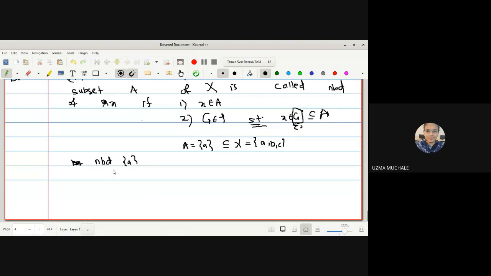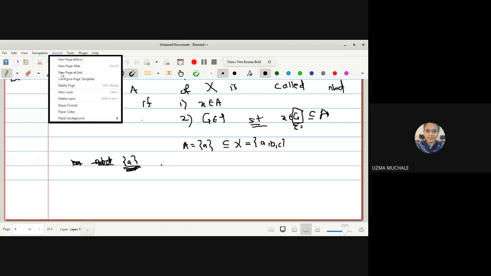Now let me check. We have to check whether this singleton a is a neighborhood of some point x. How to check this? Apply the definition, try to find out.